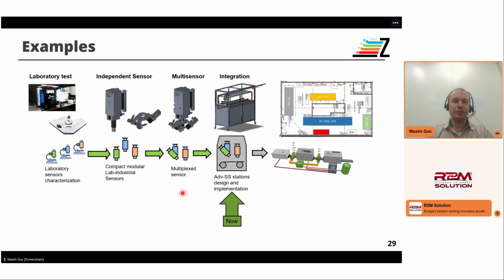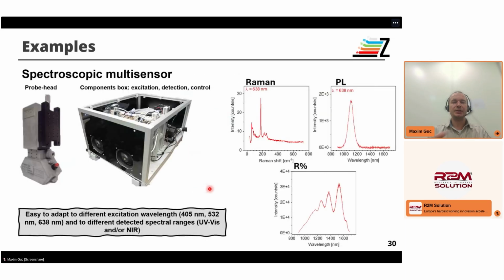Okay, going to the examples, as I promised, I will show you examples of the sensors. And one of the first sensors that I can show you is a spectroscopic multi-sensor that contains three different techniques that can measure quasi-simultaneously in the same spot of the sample: Raman spectra, photoluminescence, and normal reflectance.